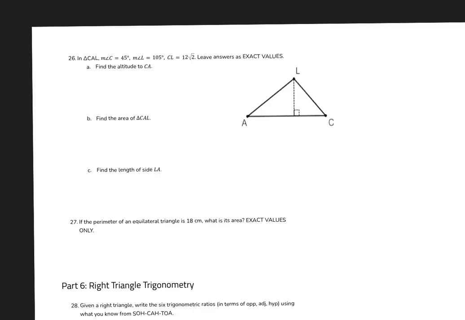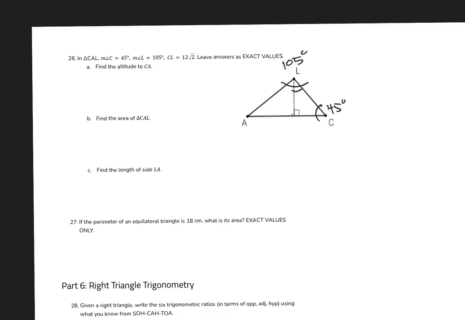All right, so here we're told that this is a 45-degree angle, that this whole thing is 105, and since this is a right angle, we know that this angle here has to be 45 degrees.